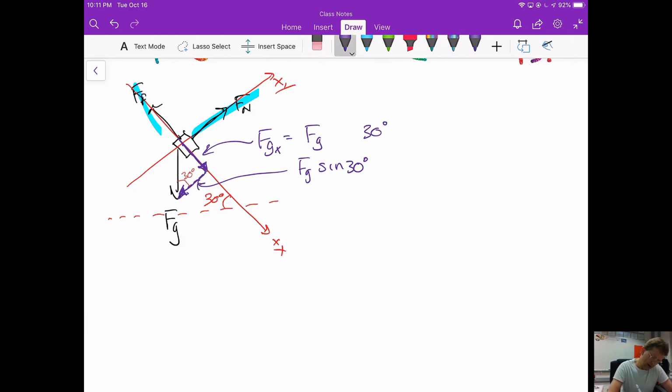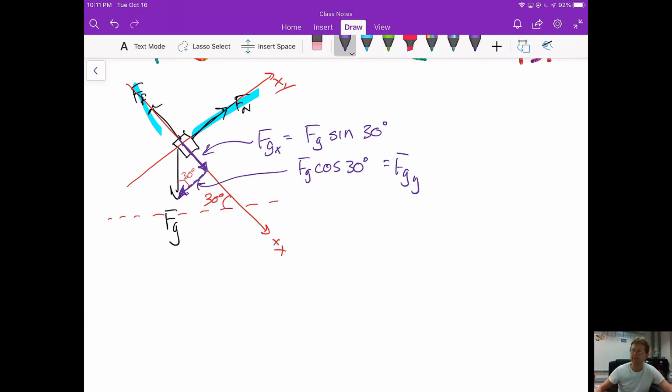So I made the same mistake that you're going to make sometimes, which is just using the standard, right? X is cosine, Y is sine. That is not true. It depends on which angle we're looking at. So the sine of 30 degrees is opposite over hypotenuse. Cosine of 30 degrees is adjacent over hypotenuse. So we get FGY is the cosine of 30 degrees times FG.